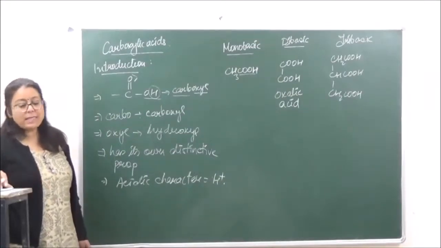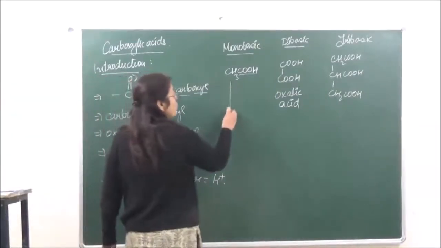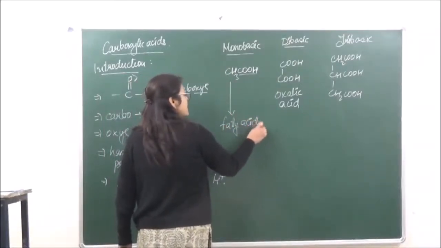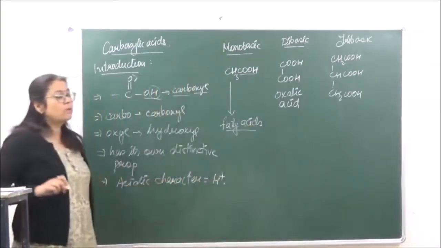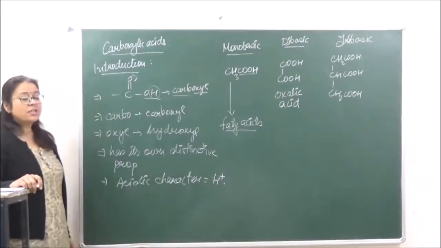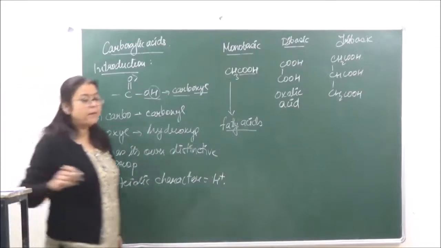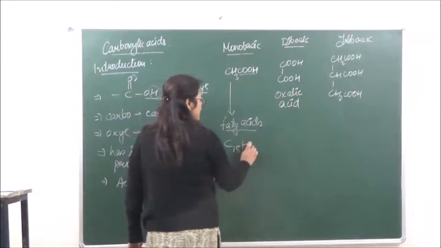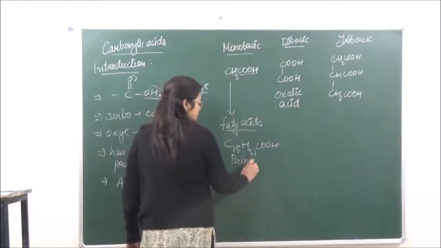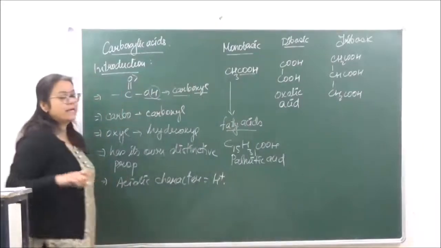Now monocarboxylic acids specifically are said to be derived from fats. Therefore they are more commonly known as fatty acids. Generally the fatty acids have a larger number of carbon atoms which are attached to the monocarboxylic group. For example, we have C15H31COOH, which is known as palmitic acid.